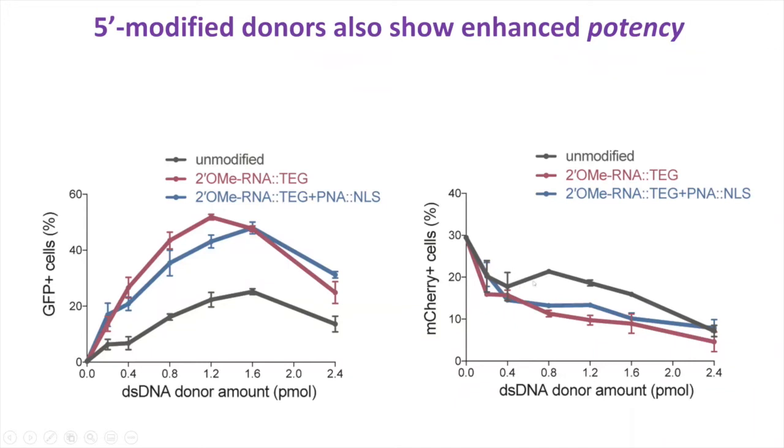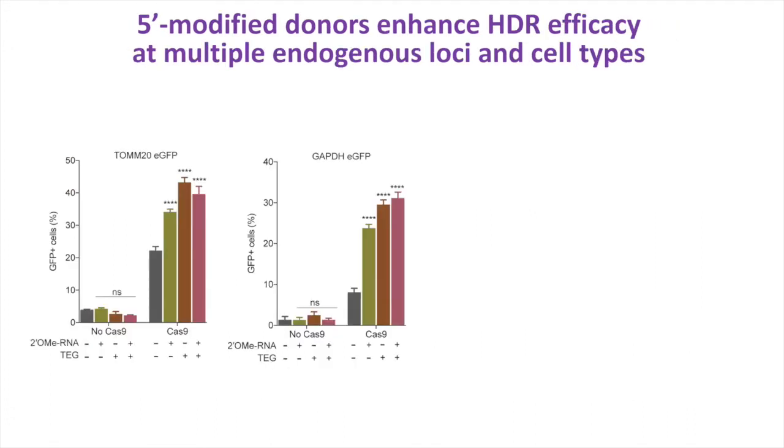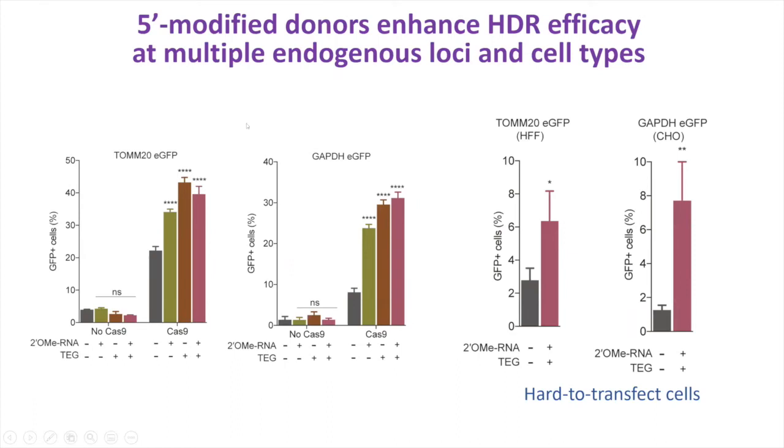And again, the number of imprecisely edited cells decreases as we add this modified donor. This works not only for reporters, it also works for multiple endogenous loci and multiple cell types, including these hard to transfect cells. We see lower extent of editing in these hard to transfect cells, but still a 2 to 4-fold increase in the extent of HDR.